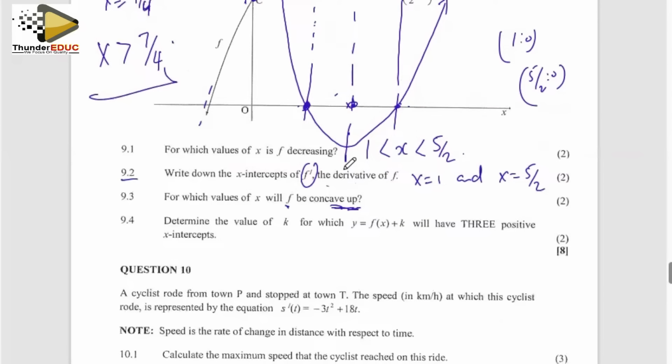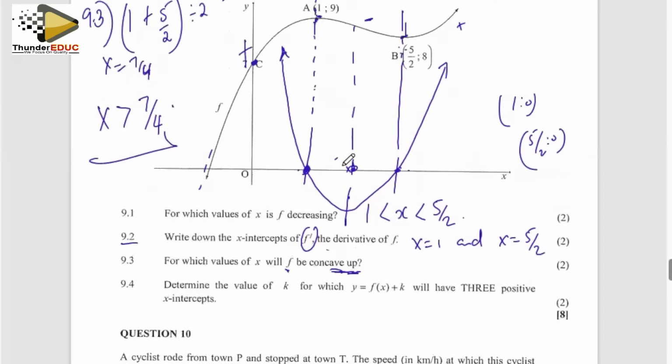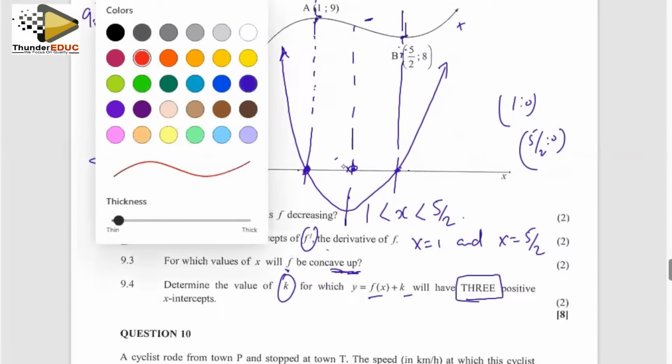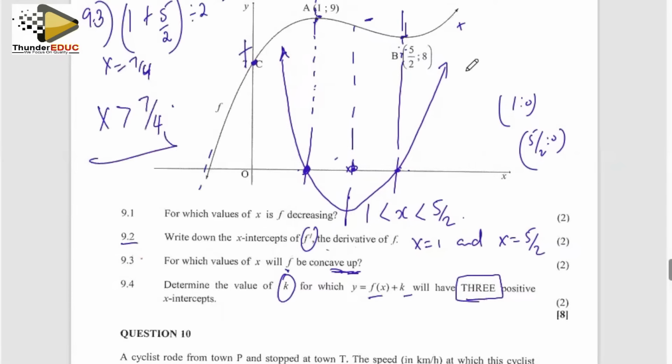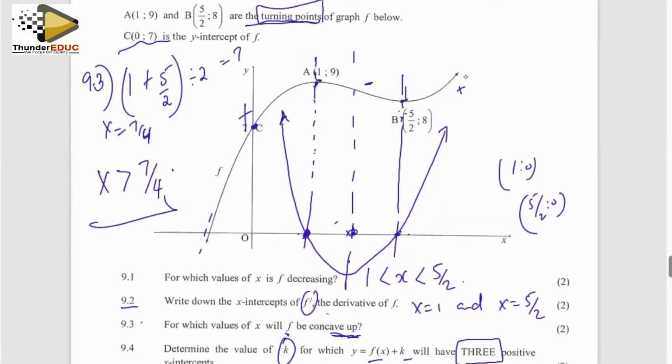Then 9.4, determine the value of k for which y is equal to f of x plus k will have 3 distinct positive intercepts. Okay, so what we need to look at is the y values of the turning points, because these are going to play a bigger role.